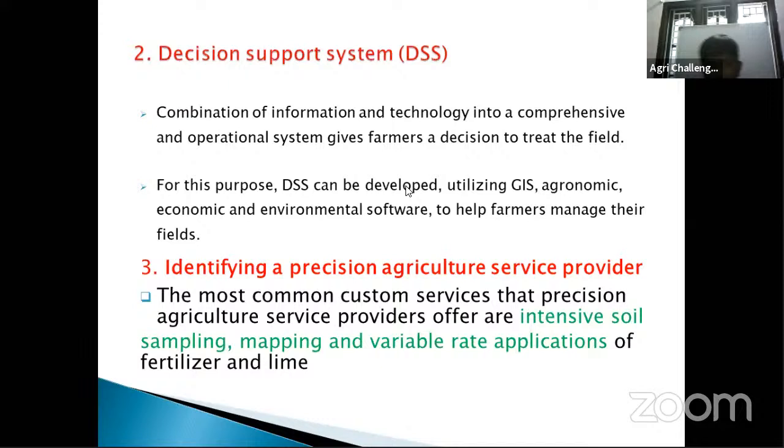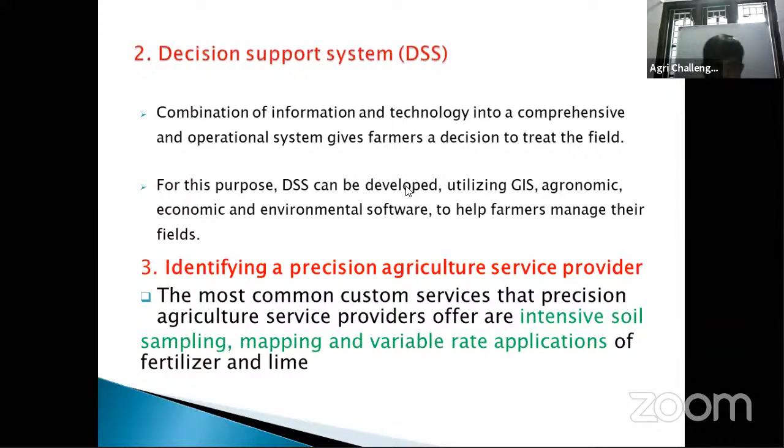There are service providers, custom hire centers. There are some people who have equipment, who have an applicator. They provide service to you on a lease basis or some cost basis. That is custom hire service.